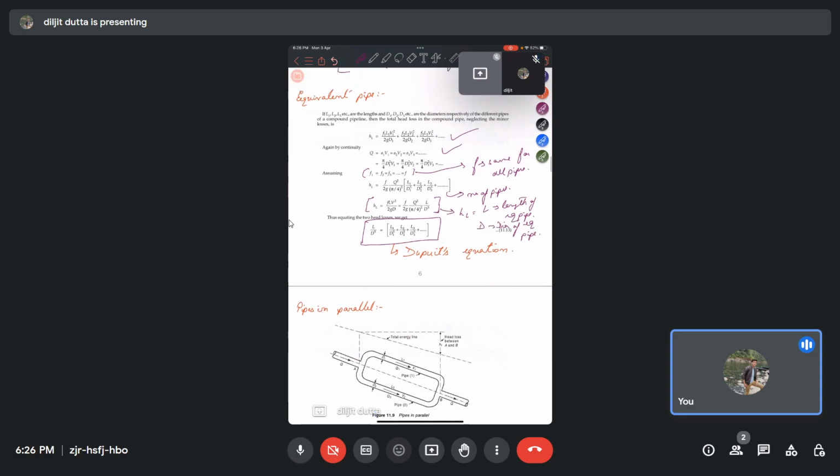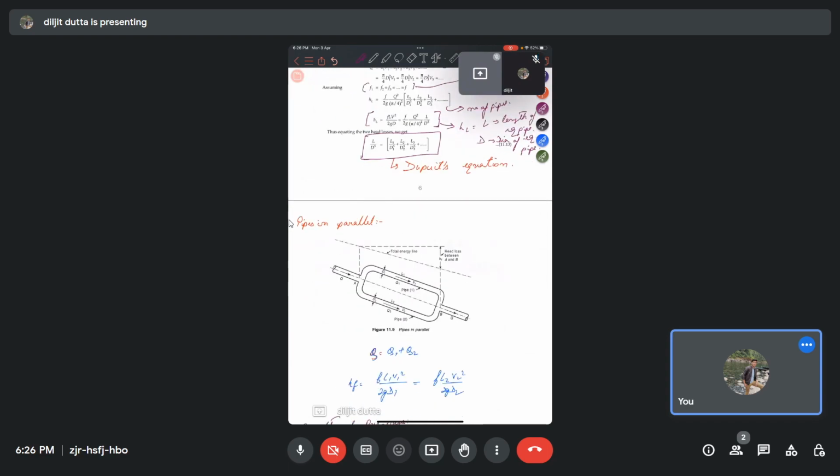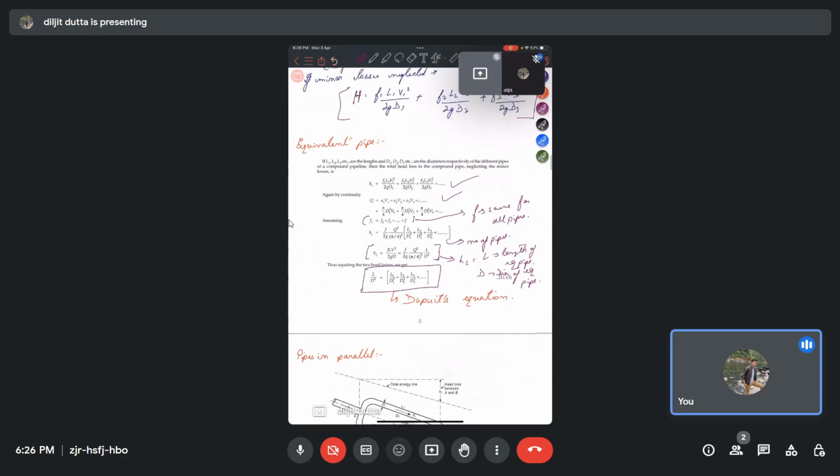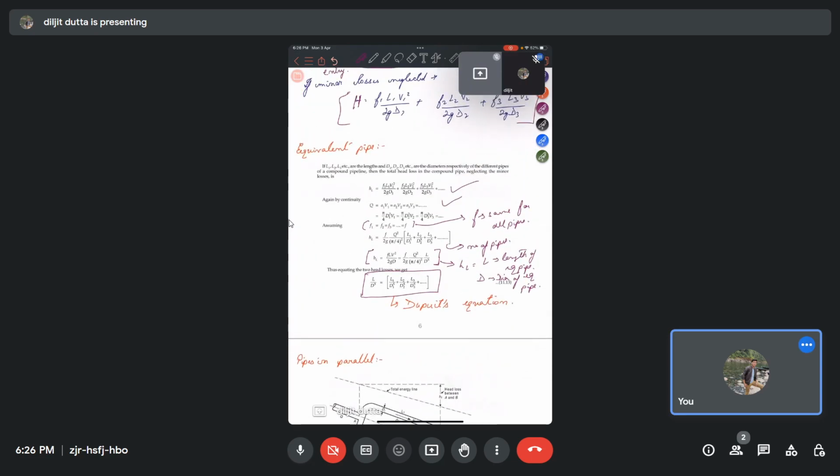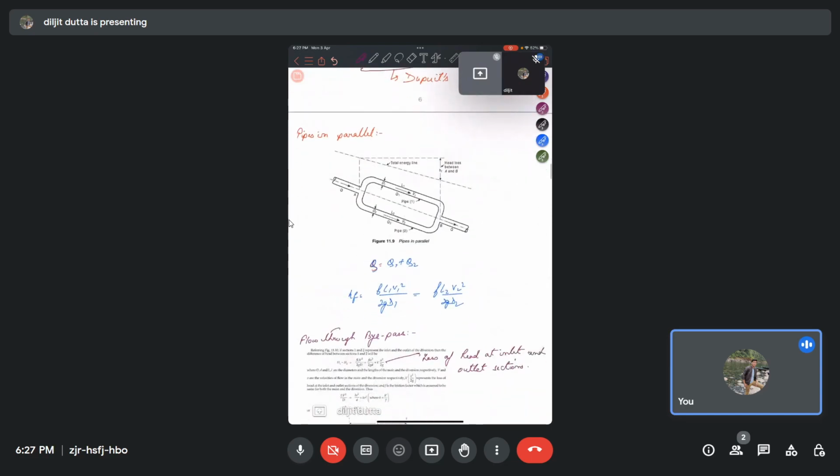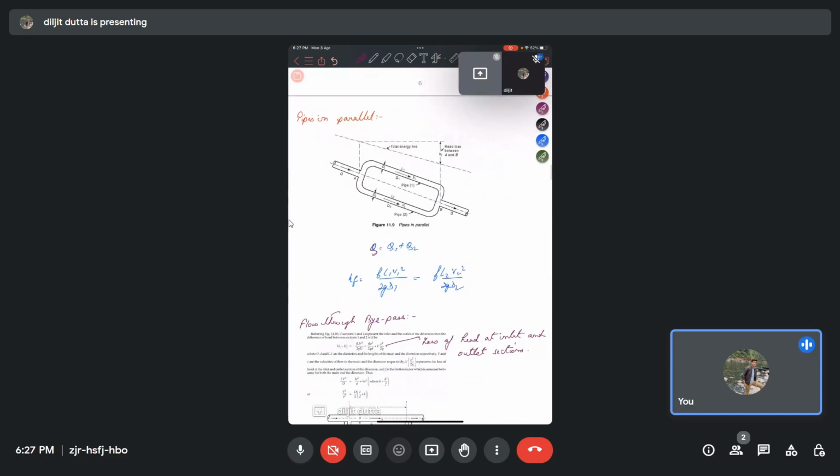Okay, I hope this is clear. So this was about when pipes are connected in series. Now the next case is when pipes are connected in parallel.